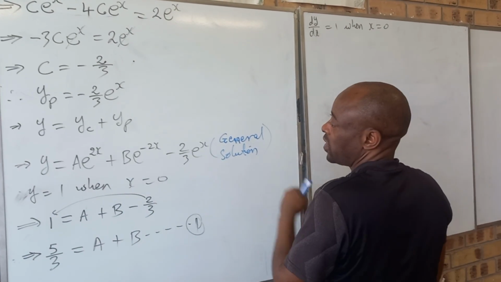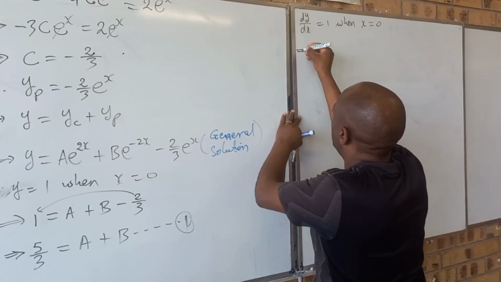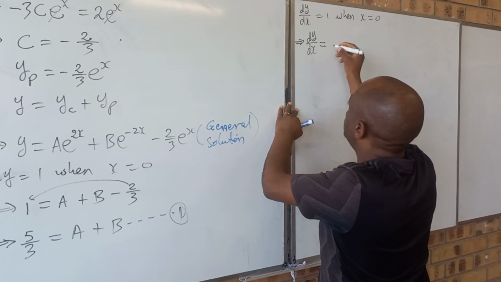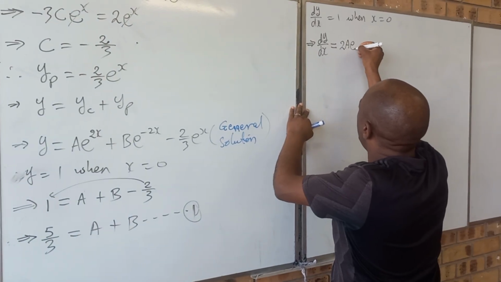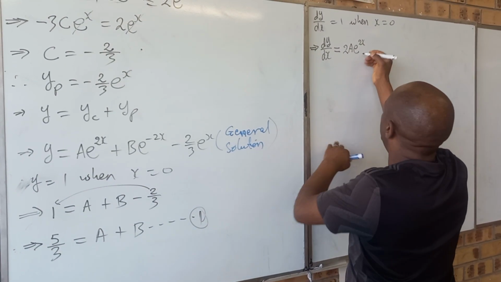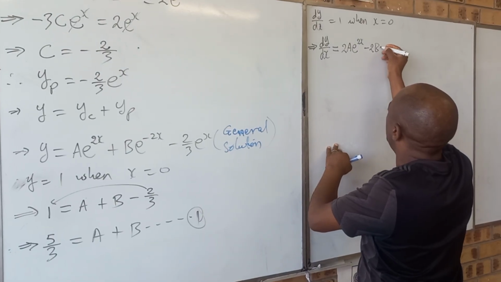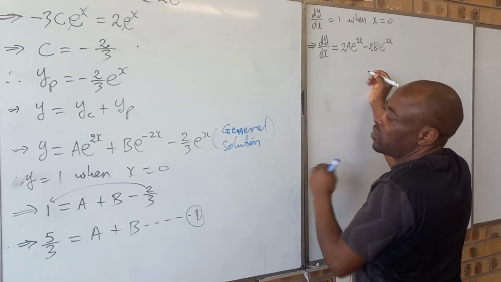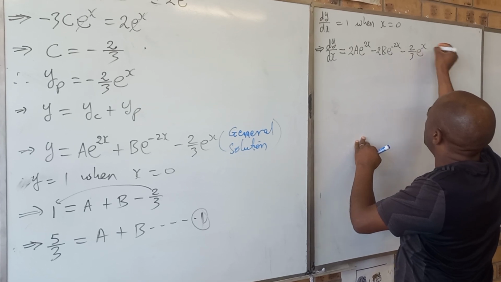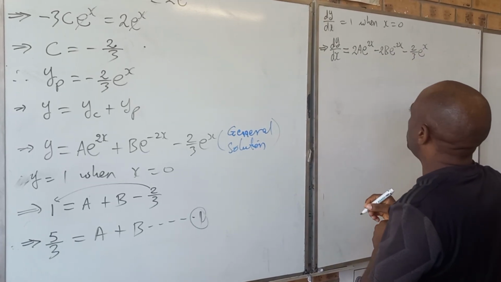So if I differentiate my general solution once, I will get dy over dx is equal to 2A e to the power 2x, negative 2B e to the power negative 2x, and 2 over 3 e to the power x, which stays the same. So that's my dy dx.